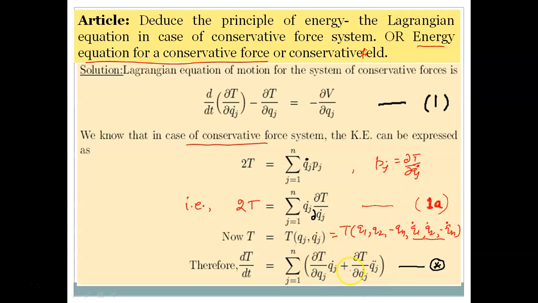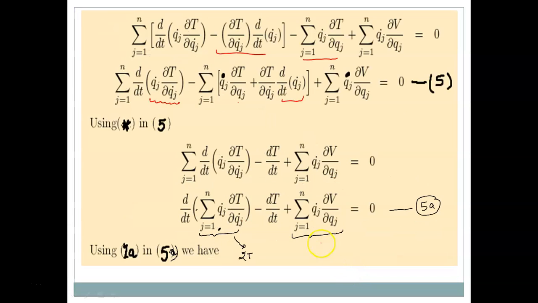We are having the value of this quantity, and this quantity is in fact here, because d by dt Qj dot is in fact Qj double dot. So this is exactly the equation star.